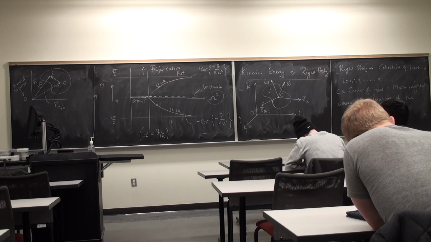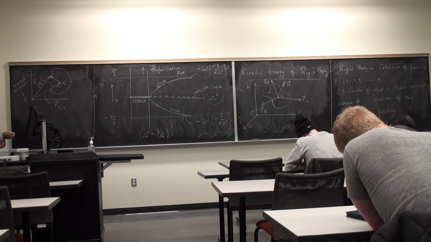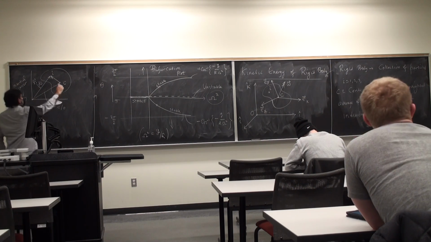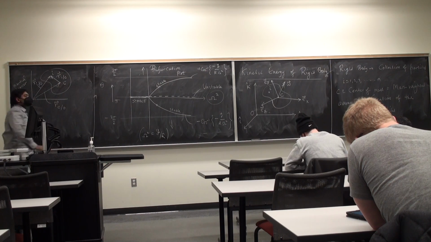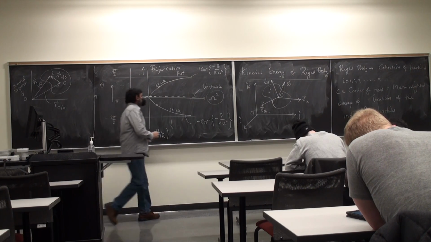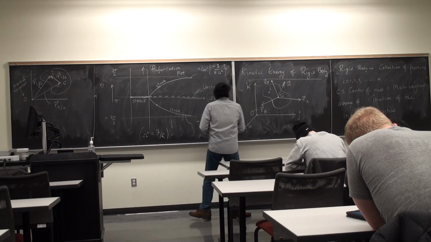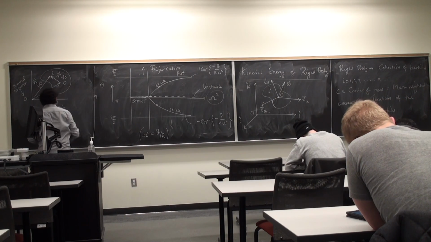It is the location of the ith particle as seen by an inertial observer at O. And then I have Ri/C, which is the relative position of the ith particle with respect to the center of mass. Perhaps just to complete everything, I can add the frame and so on.